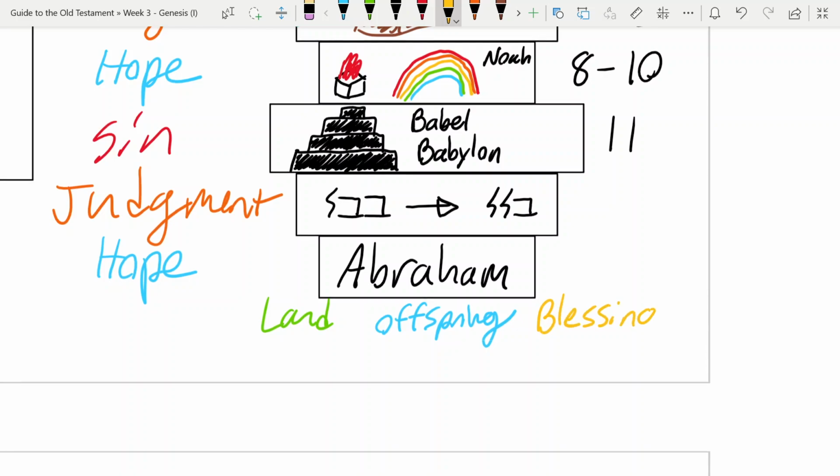And notice this blessing that God promises, as we talked about, it's for all the peoples of the earth. So that goes right back to what we've just seen here, where the peoples of the earth were scattered about. Now God is on a mission to rescue all of them and bring them back into the place where he wants to bless them as his people.